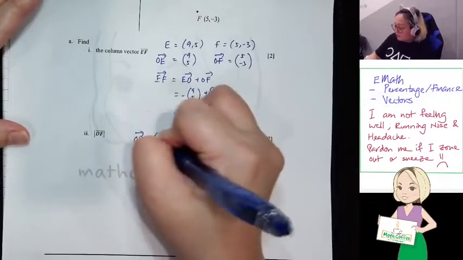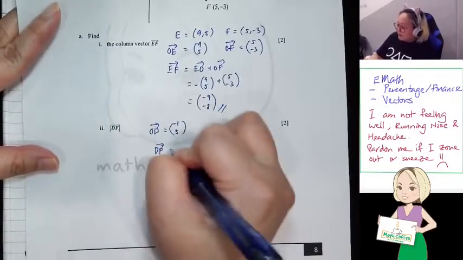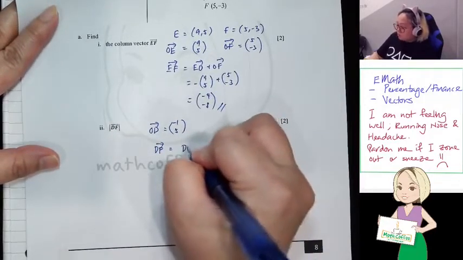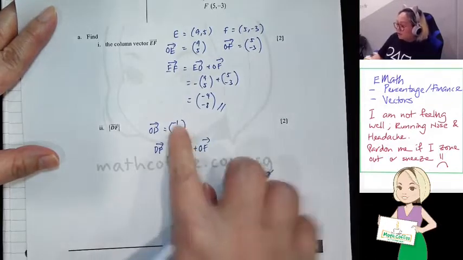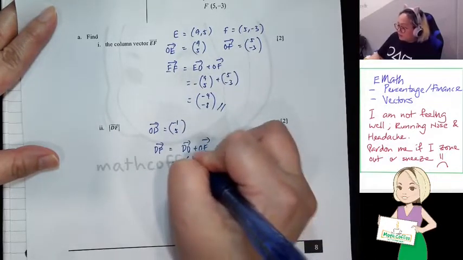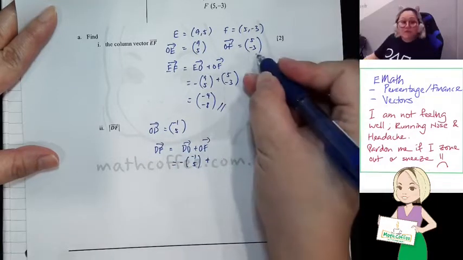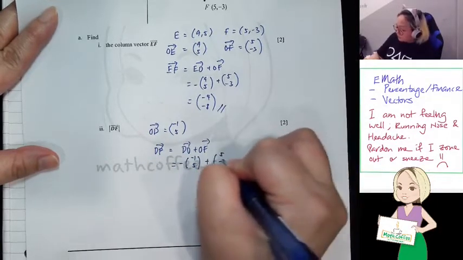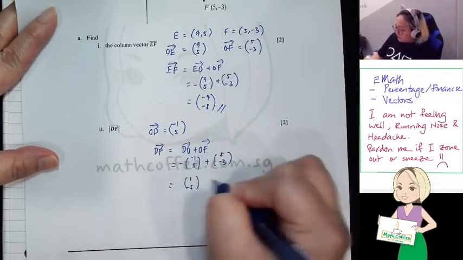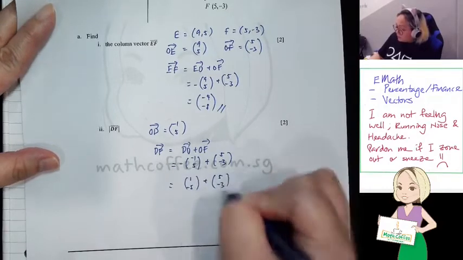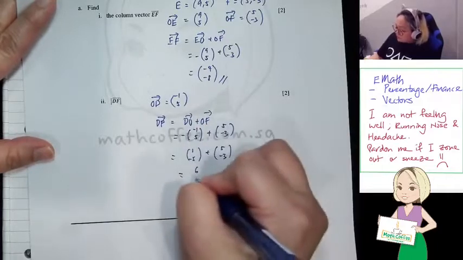So again, I want to find my DF, means it will be DO plus OF. So DO just multiply by negative, so minus negative 1, 5 plus OF, which is 5, minus 3. Minus negative 1 means it's 1, and minus 5, plus 5 and minus 3. So 1 plus 5 will be 6, minus 5 plus negative 3 is minus 8.